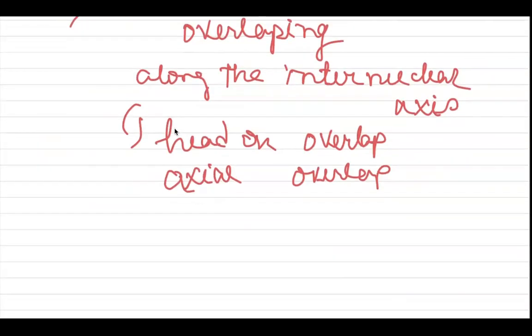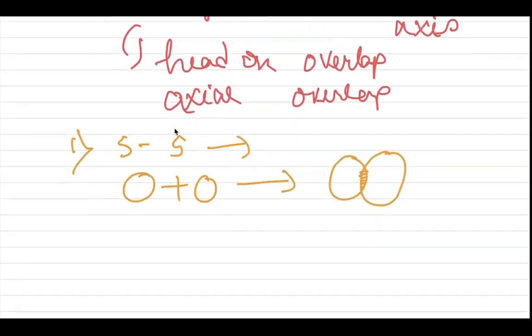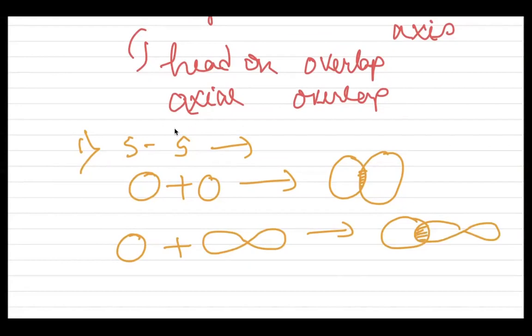Let's see the example, like s orbital overlapping. So these are two s orbitals. When they overlap, an s and p orbital can overlap like this, and two p orbitals can overlap like this.